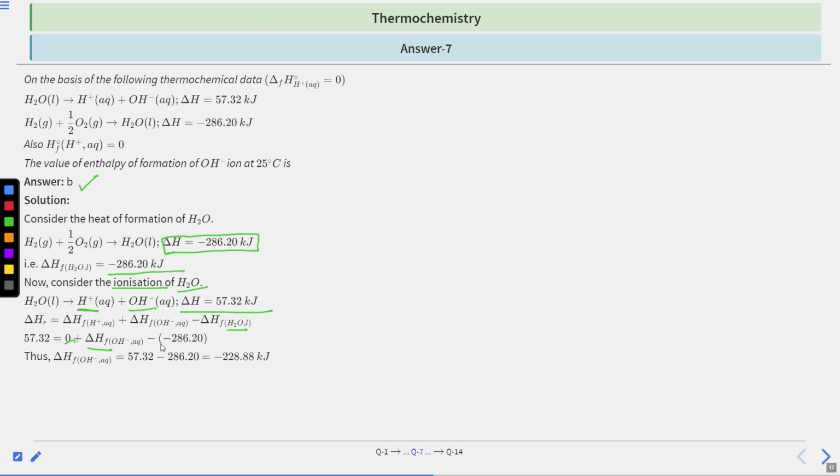So minus minus will become plus, and on moving this to the left side, the enthalpy of formation for OH minus ion is 57.32 minus 286.20, which is minus 228.88 kilojoule. We have taken the enthalpy of formation for H plus as 0 because it is given in the question. Hence option B is the correct answer.